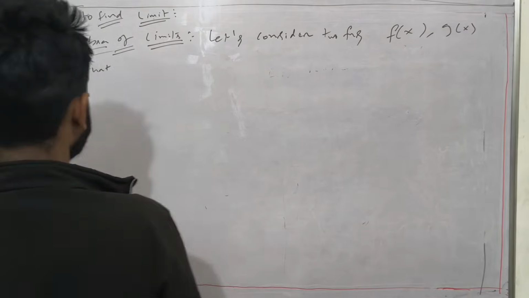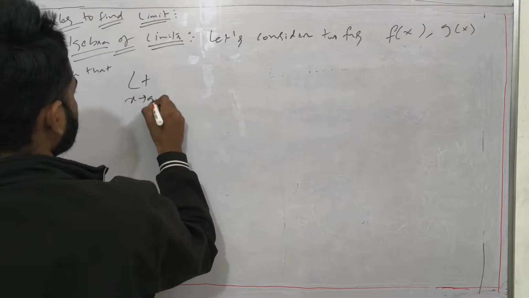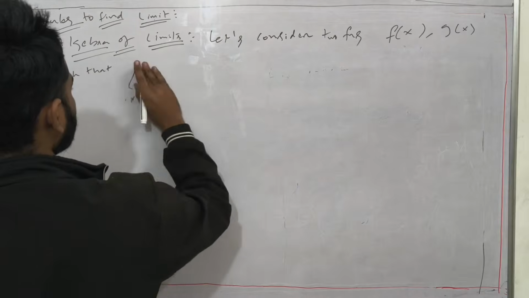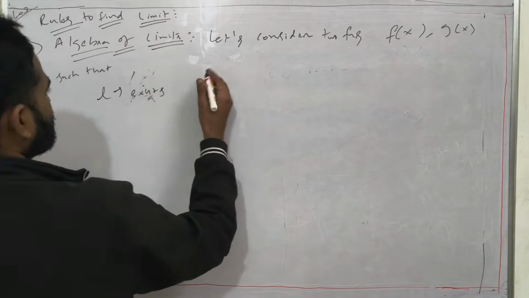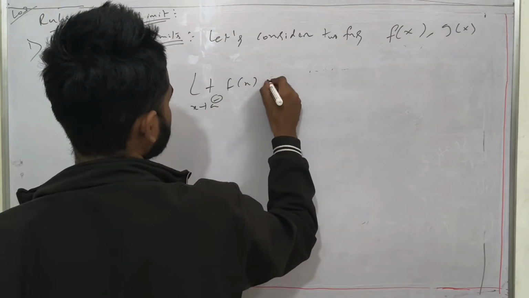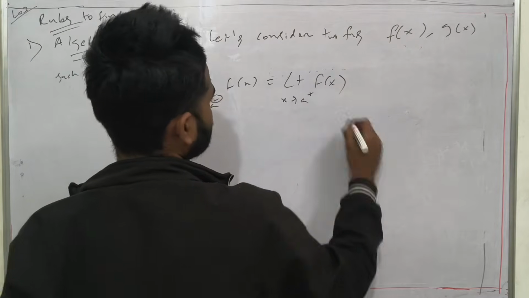Adjust here in the sense that, l adjust means limit x tends to a minus f of x equals limit x tends to a plus f of x.